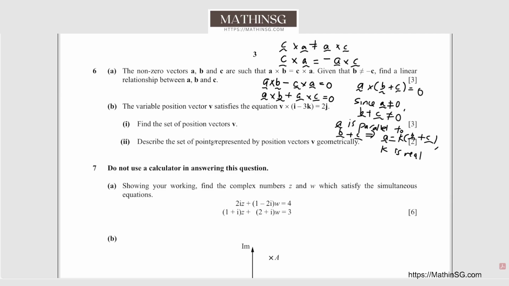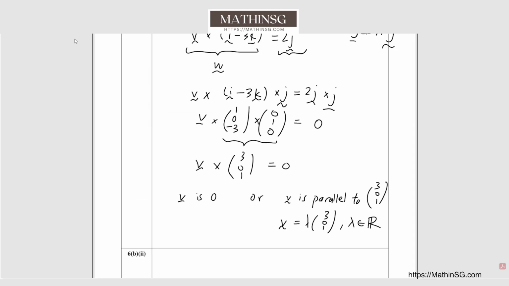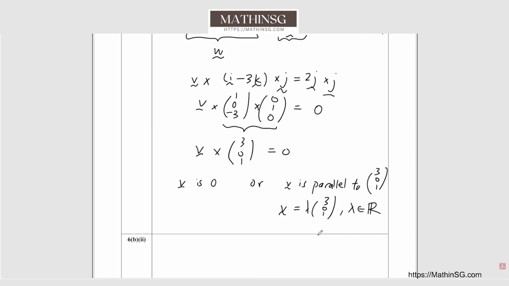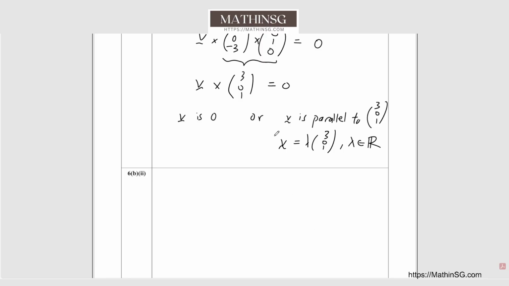Next, you're asked to describe the set of points represented by the position vector v geometrically. v takes this equation, which looks like the equation of a line. The vector equation of a line is r equals a plus lambda b, where lambda is real.